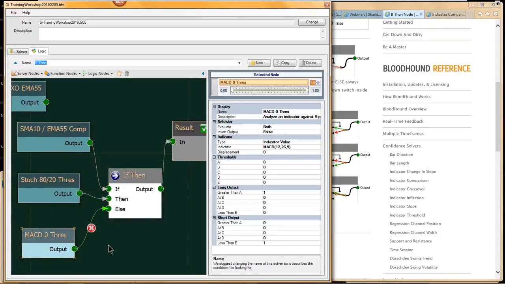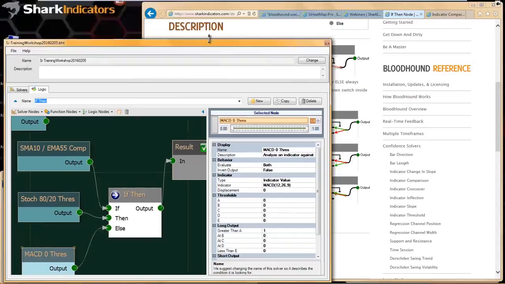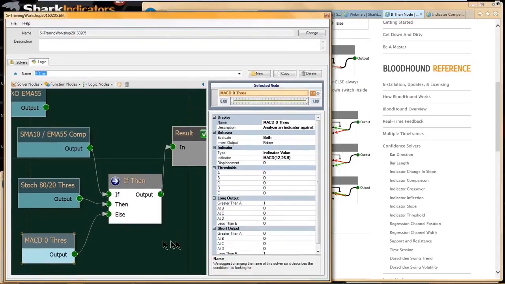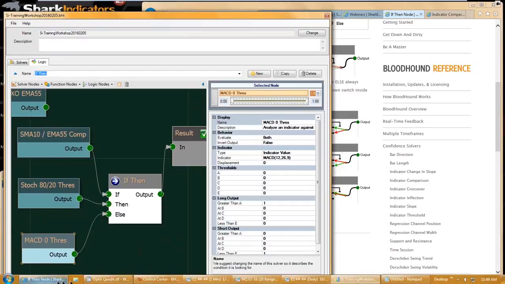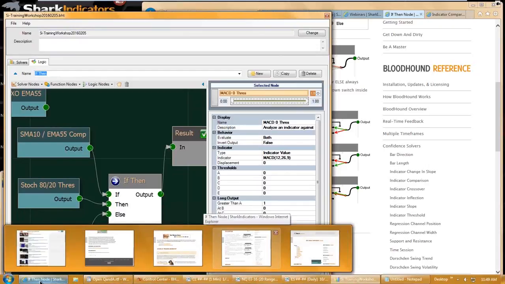So if you have an elaborate system, actually this is a very common practical use. I'll build the way most customers are commonly using the if-then. Let me do that here.